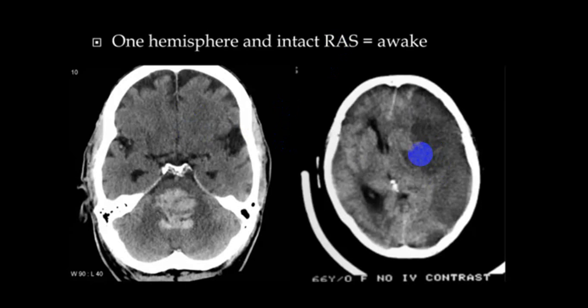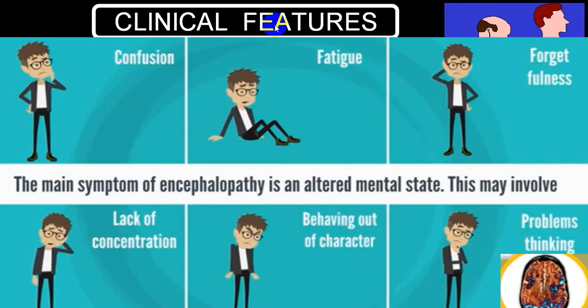Secondary to cerebral edema, there will be midline shift, shift of the falx cerebri and herniation, and it can end up with altered level of consciousness, and the person can even be unconscious, or what we call coma. That can happen even in unilateral damage.